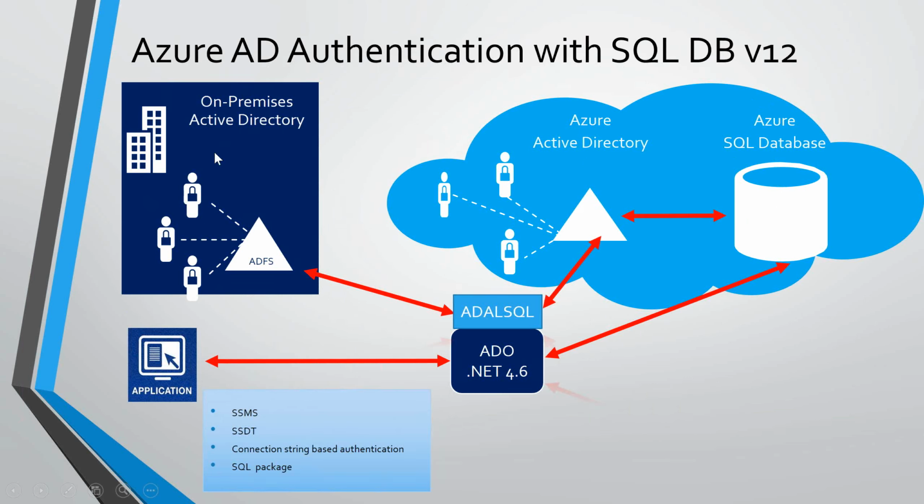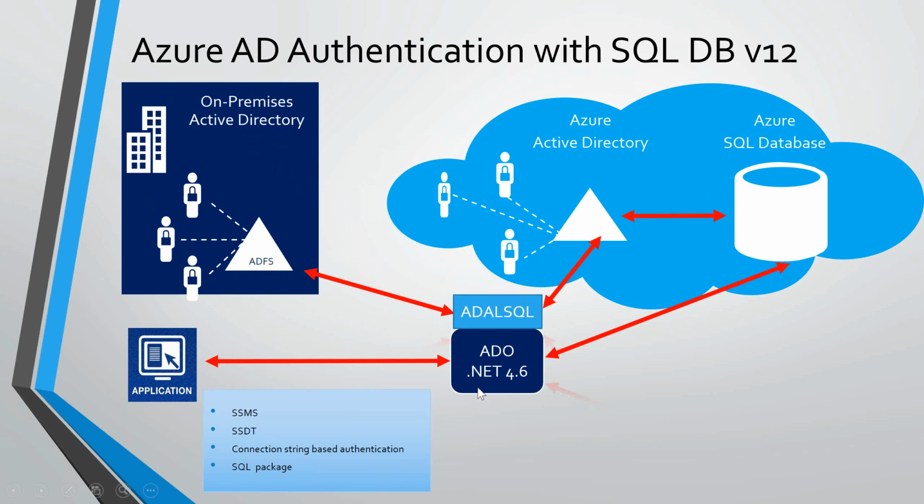In a separate box, you see the on-premise Active Directories that are using ADFS. Now if this part is federated with Azure Active Directory, then we can use Windows authentication. Many companies do this to make sure that their main domain is really driven from one place, from Active Directory.